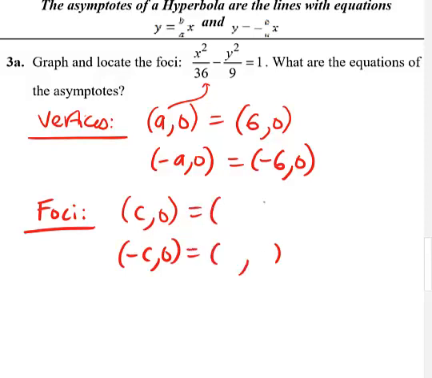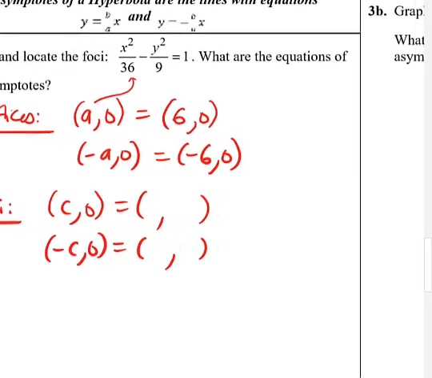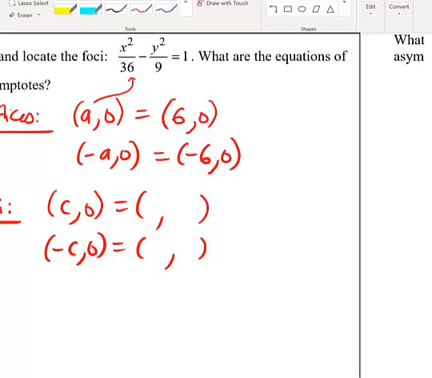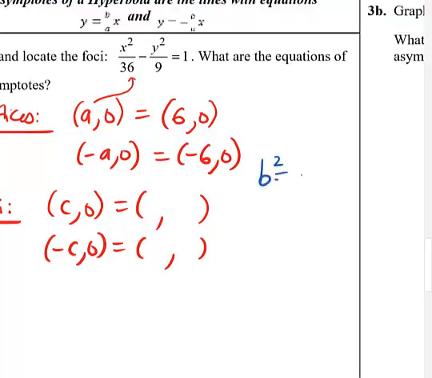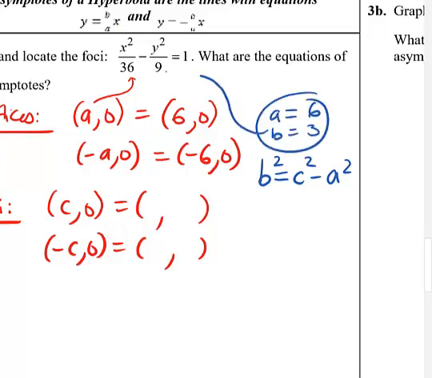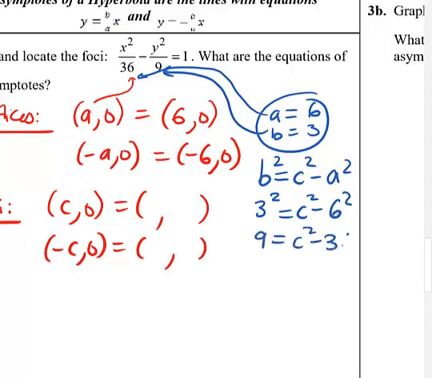Let's see, I think I can figure that out off to the side if I just use my little equation here. It should be that b squared equals c squared minus a squared. We already figured out a was 6, but now we know b is 3 because it's the square root of the number below y. So if I fill those in, I should be good to go. 3 squared equals c squared minus 6 squared. That's 9 equals c squared minus 36.